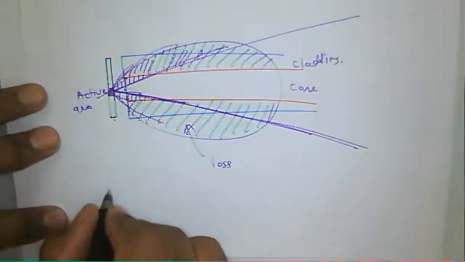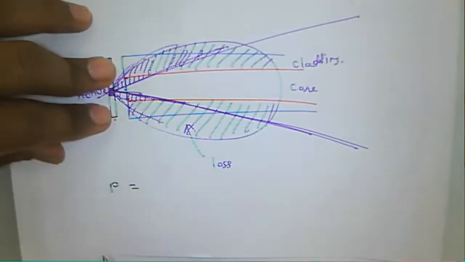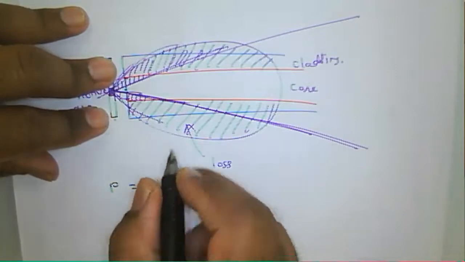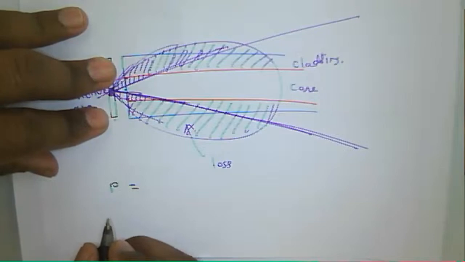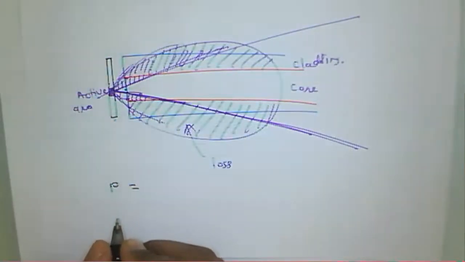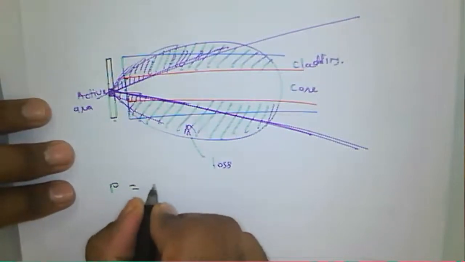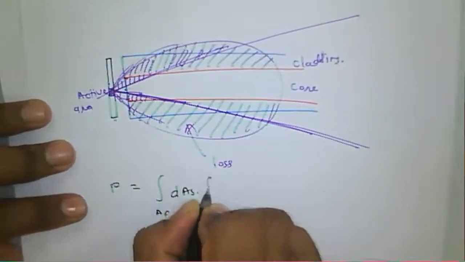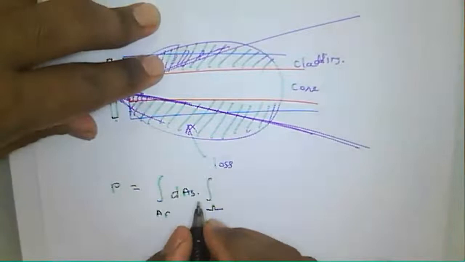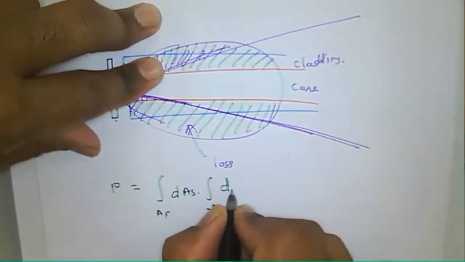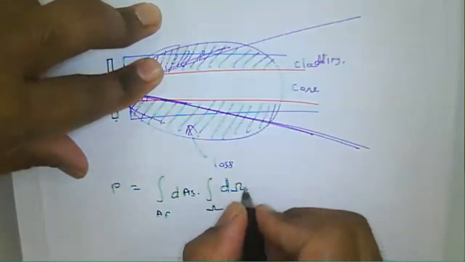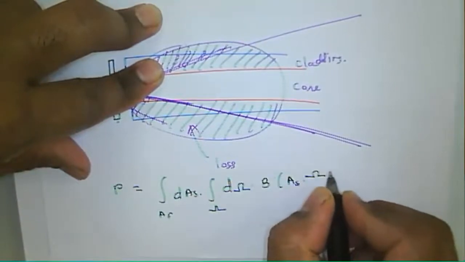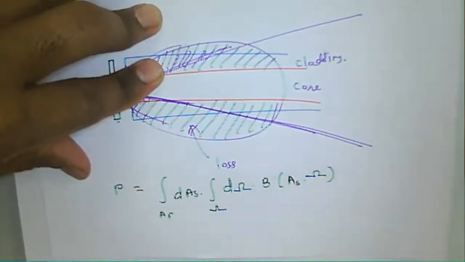So we consider that the optical power P we can write in terms of the emitting area of the given particular source. So we can write in terms of the given area, that is dA_s, and this is about the solid angle of this particular optical radiation pattern, B of the solid emission angle and a solid area.